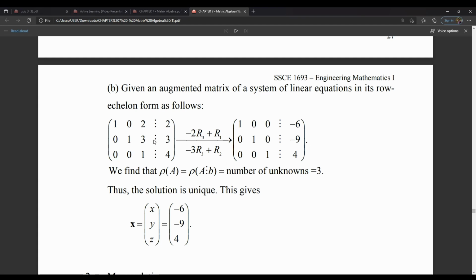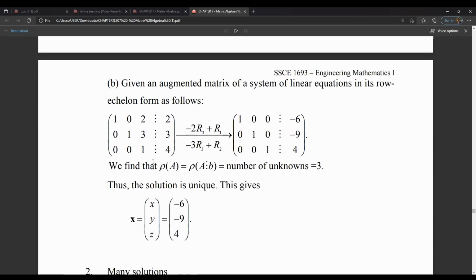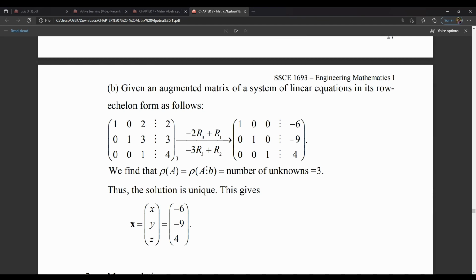Okay, so that's all. It's done. We have created the identity matrix here. So we got the solution, and then we find that the rank of matrix A is the same as the rank of the augmented matrix.